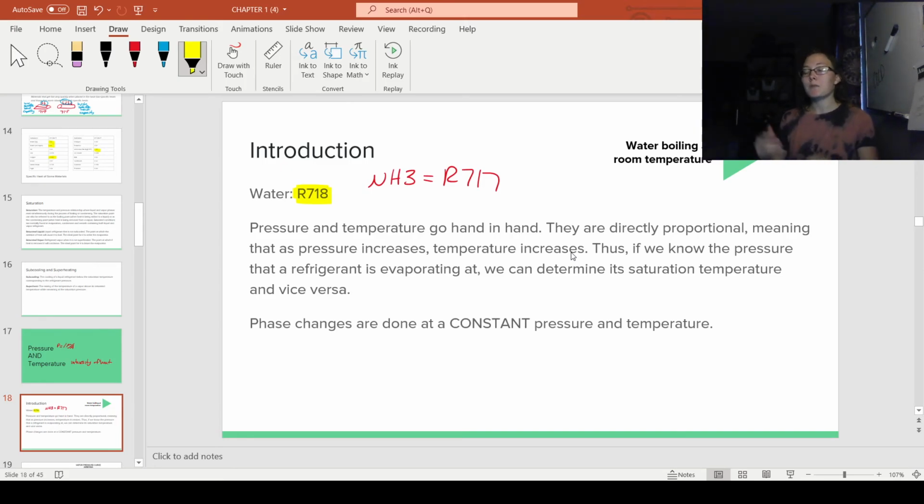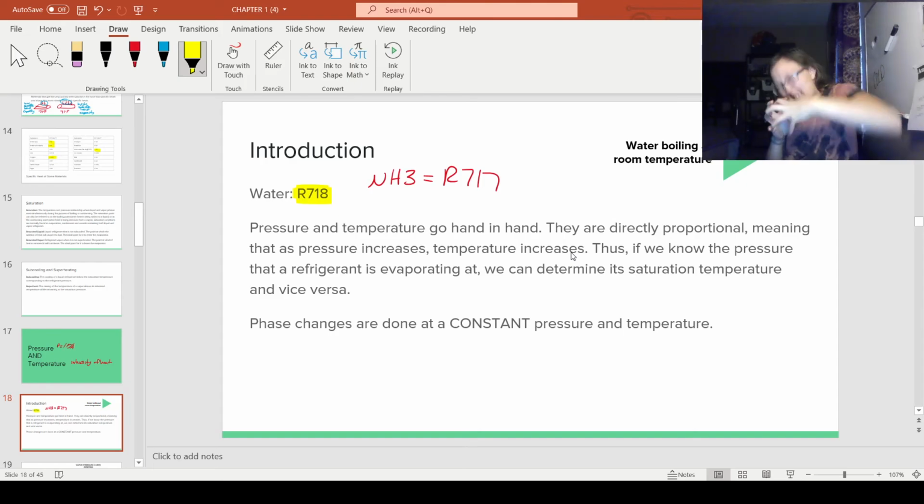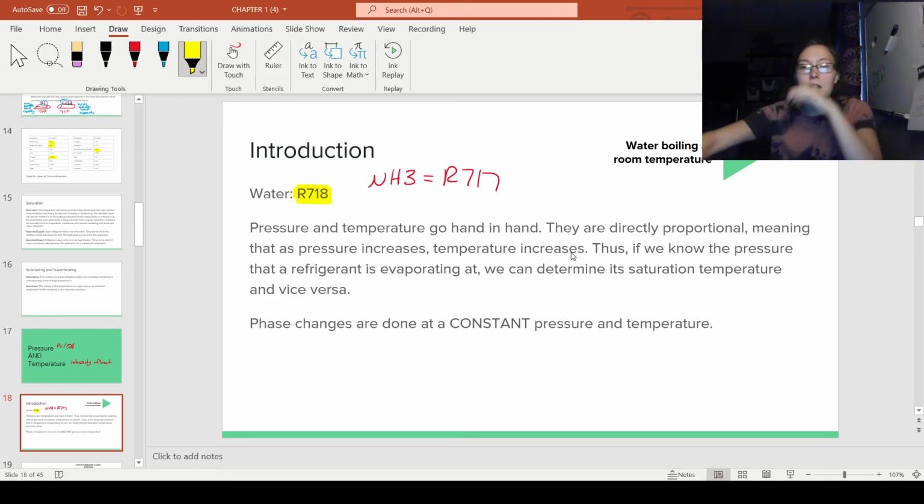Think of it like this. If you have a ball of air, okay? And you squeeze it and you press it down, you compress it, right? What's going to happen? It's going to heat up because you're applying energy to it, okay?